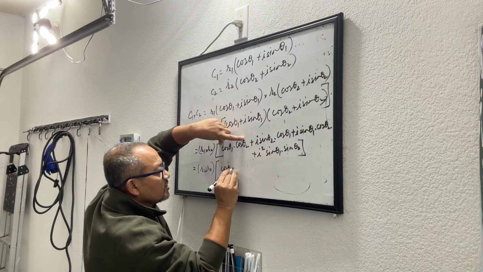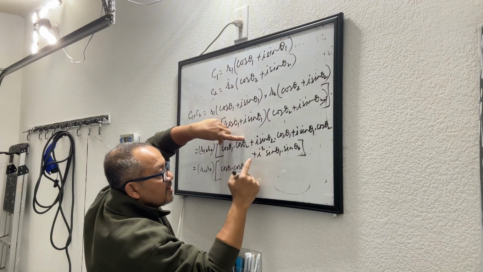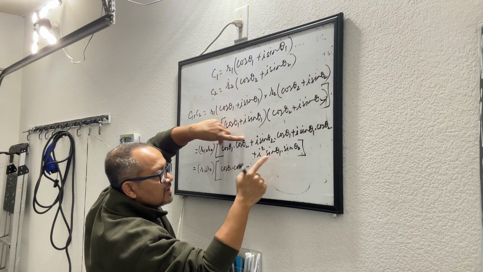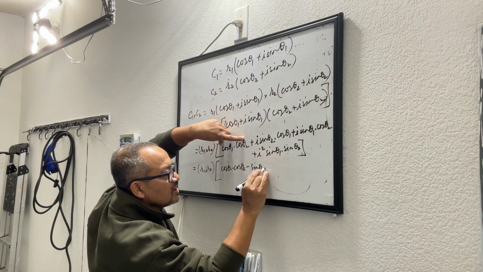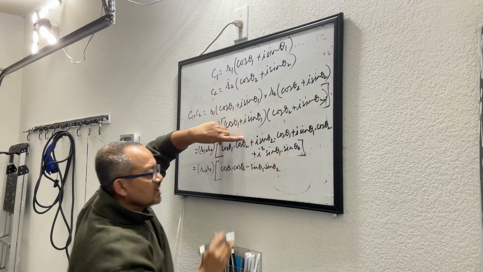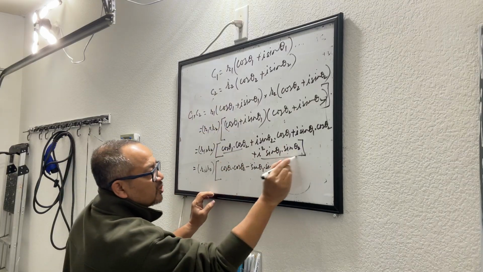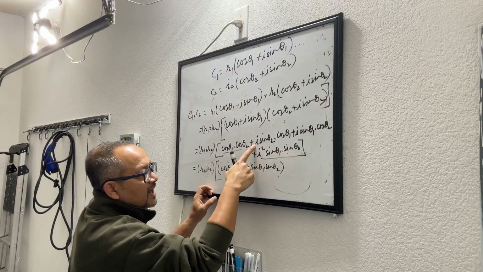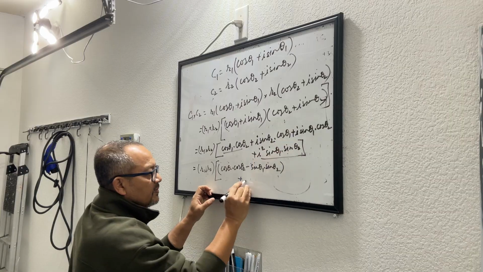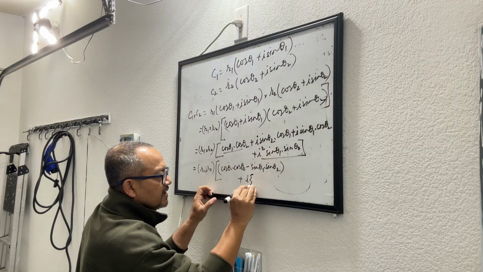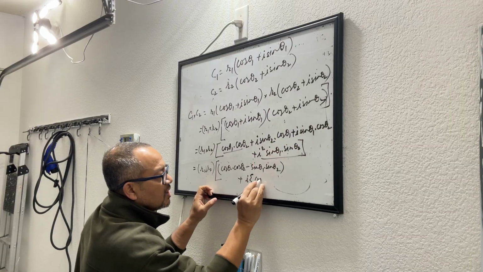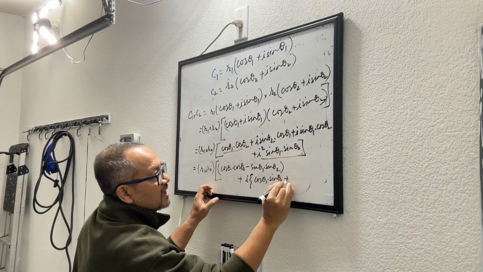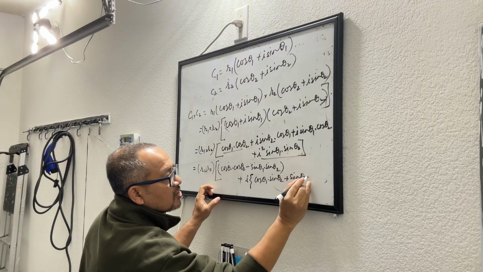Cos theta 1 cos theta 2 plus I square, which is nothing but minus 1, times sin theta 1 sin theta 2. This is one combination. This one and this one I have put together. Plus here I have I common, right? So I will keep I outside and in the bracket I have cos theta 1 sin theta 2 plus sin theta 1 cos theta 2.